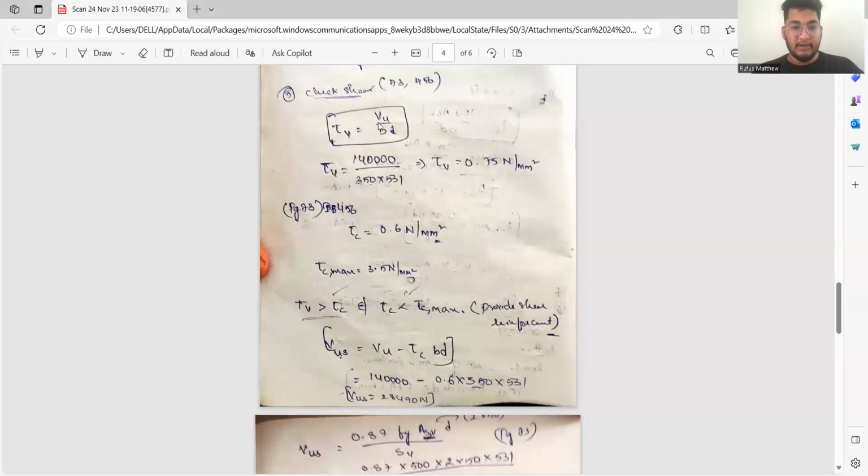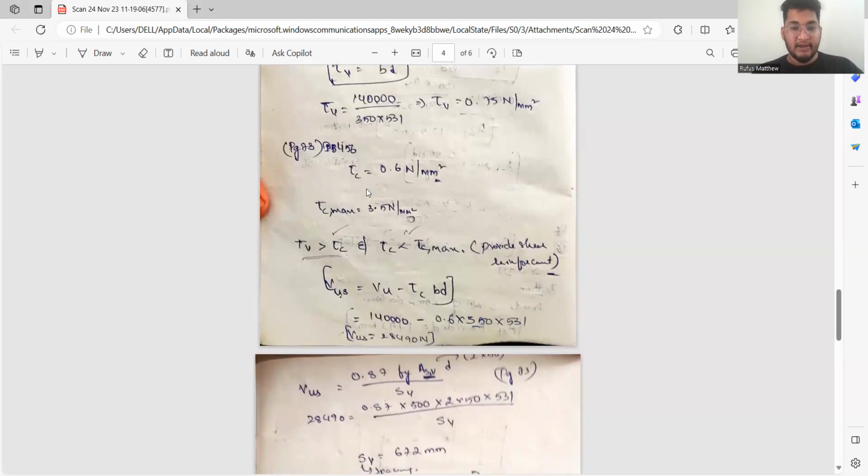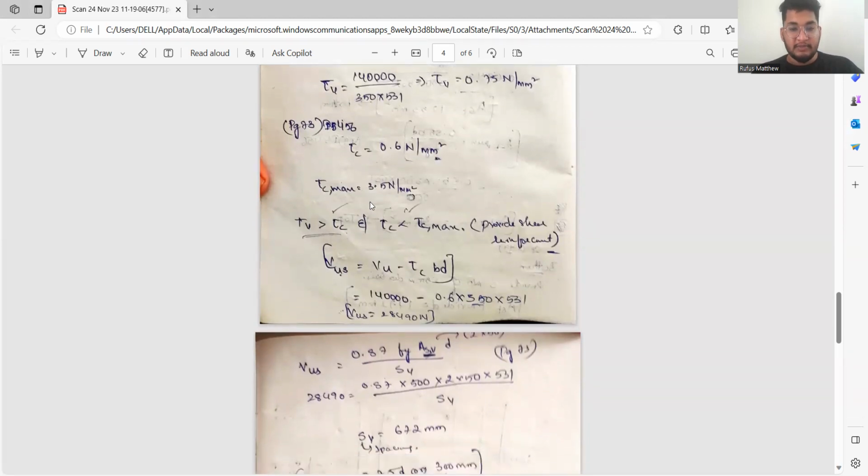Then tau V equal to VU by BD, tau V equal to 140,000 by 350 into 531, which gives tau V value equal to 0.75 N per mm square. Then page number 73, as I told you before, which is in IS 456, tau C equal to 0.6 Newton per mm square. Then tau C max equal to 3.5 Newton per mm square.